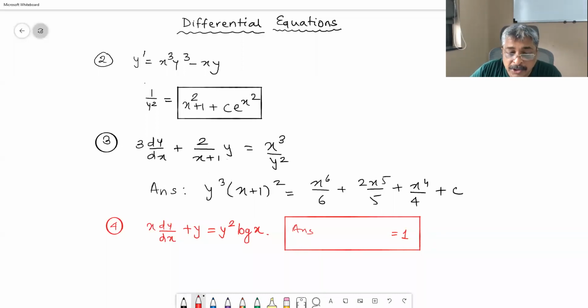You cross check your version of the algebra of the answer with mine: y inside bracket (log x plus cx), bracket complete, is equal to 1.